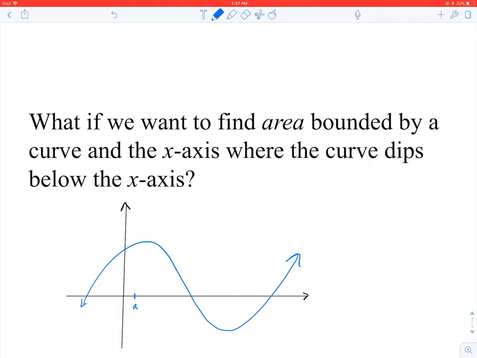Where, I don't know, let's say this is A, and then this is B. So we would want to know this area plus this area.